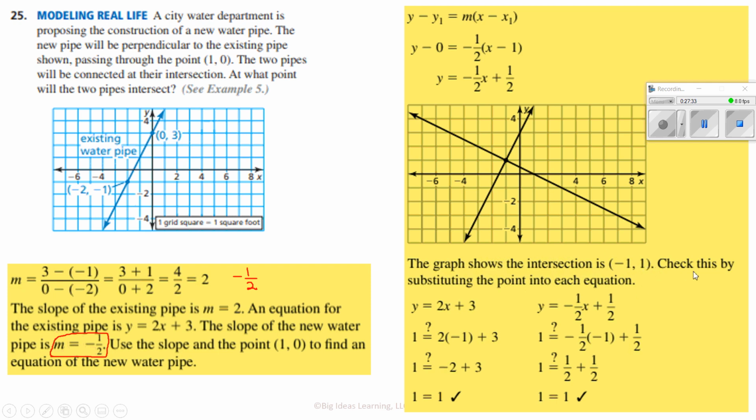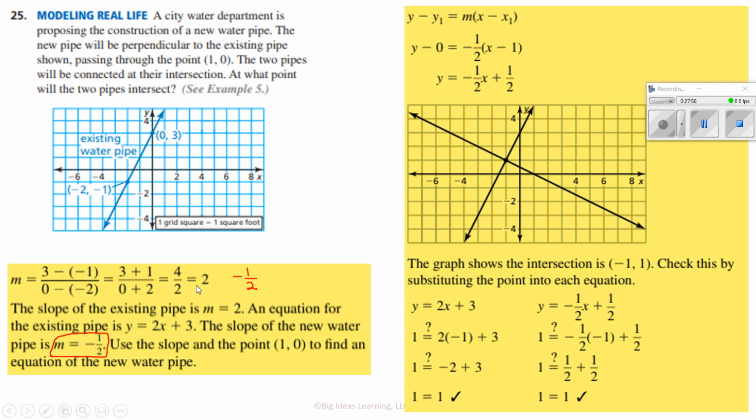Okay. Check this by substituting the points into each equation. If we put negative 1 for x and 1 for y, 2 minus negative 1 is negative 2, 3 minus 2 is 1. That checks out. Okay?